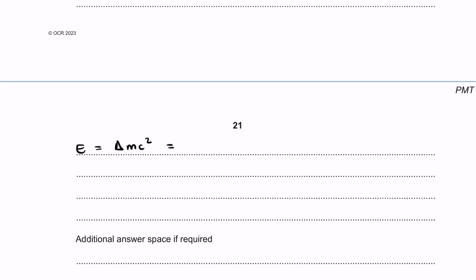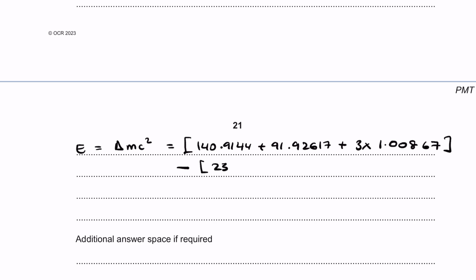basically the difference in the mass of the products and the reactants. We're going to use the atomic mass units given in our data table, and basically we are given that krypton and barium are 140 and 91, and then we also know neutrons, which are 3 of them, must be multiplied by 3 for this reaction, and then take away the mass of the reactant, which is basically uranium-235, but also the neutron.